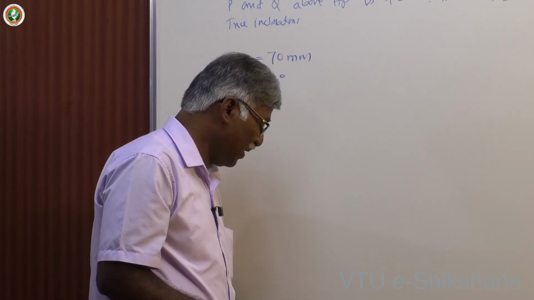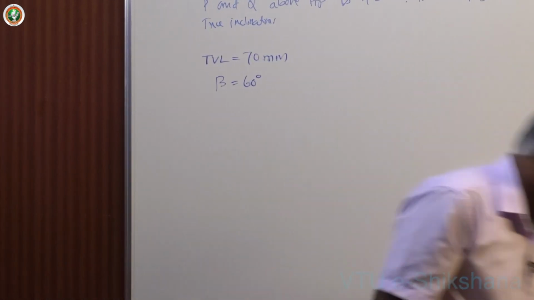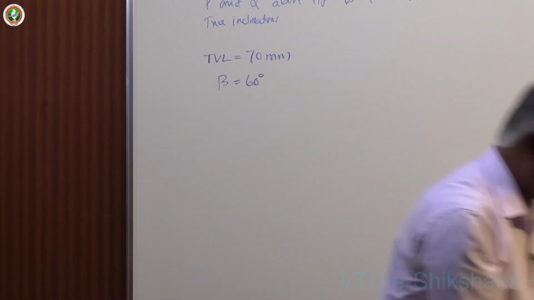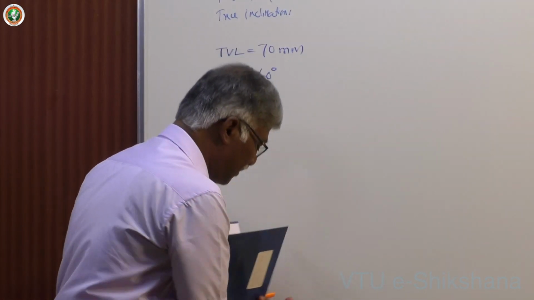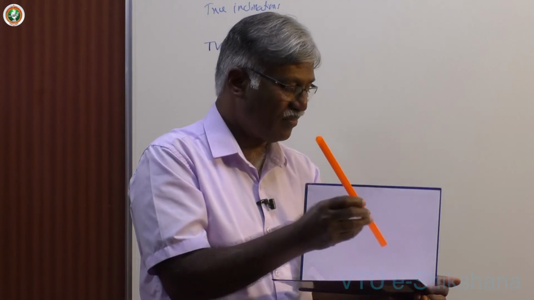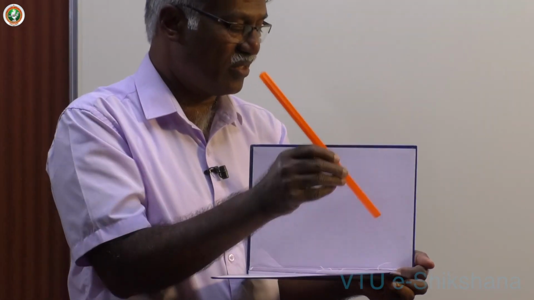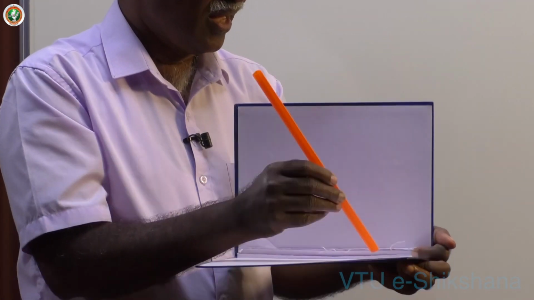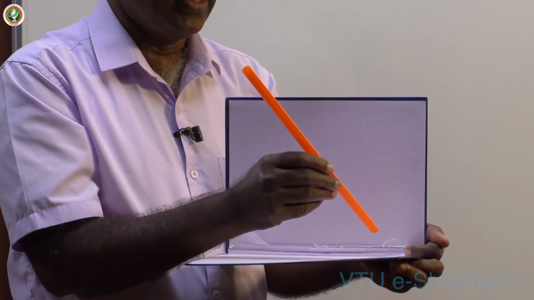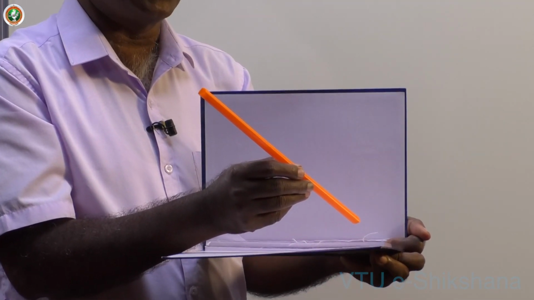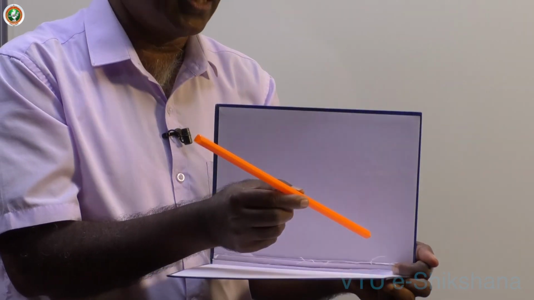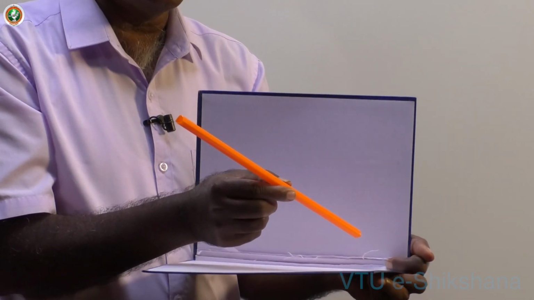If I take up the simple model of the first quadrant and discuss, it is like this. The top view appears at 60 degrees to VP. That means 60 degrees to the XY line. So this is the situation.